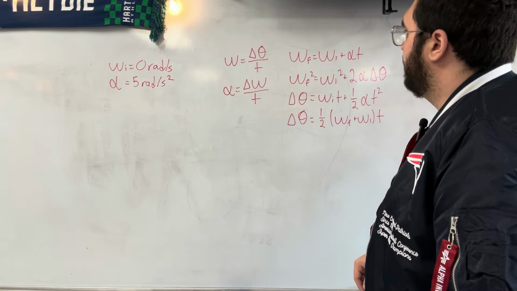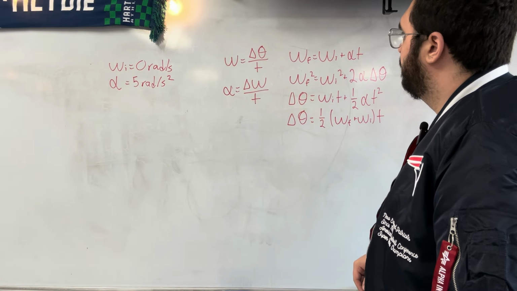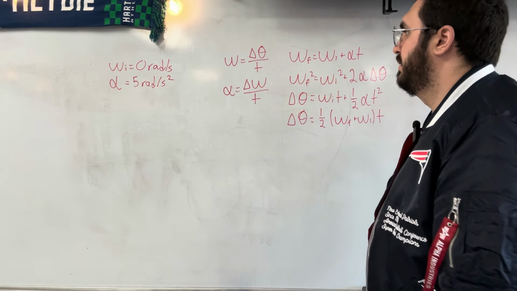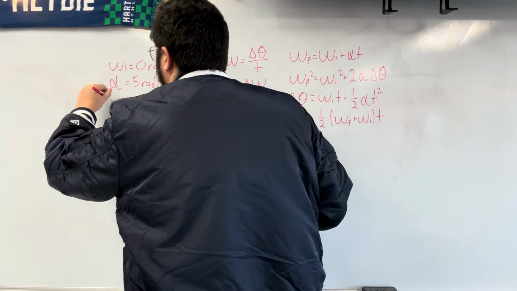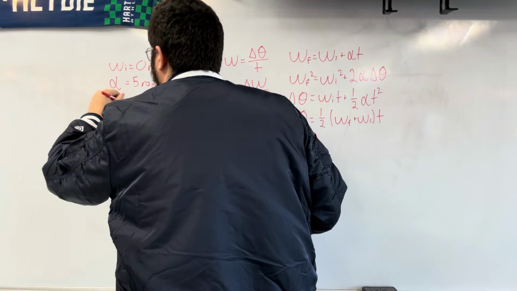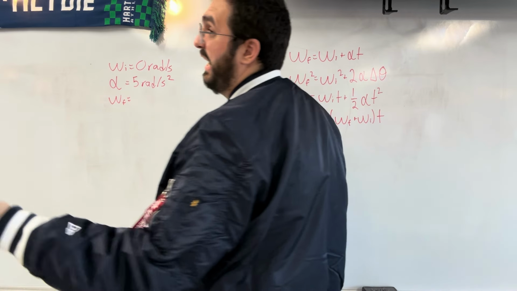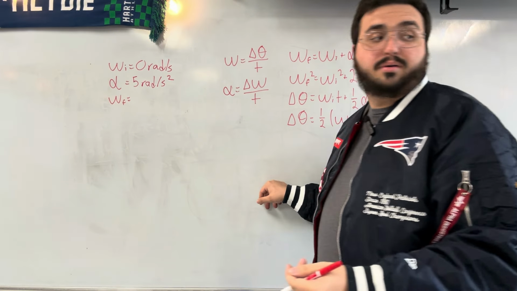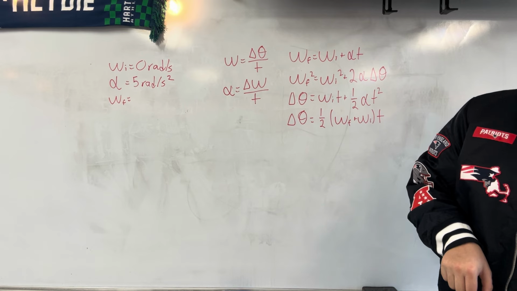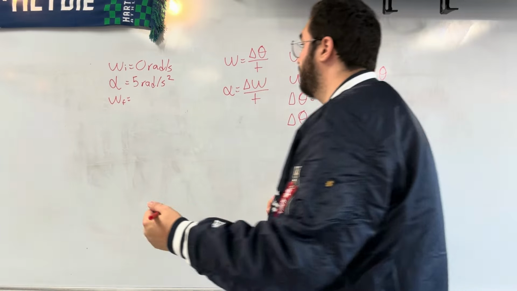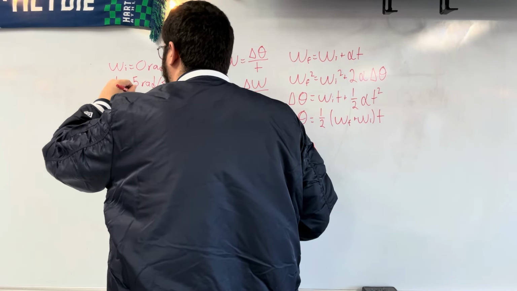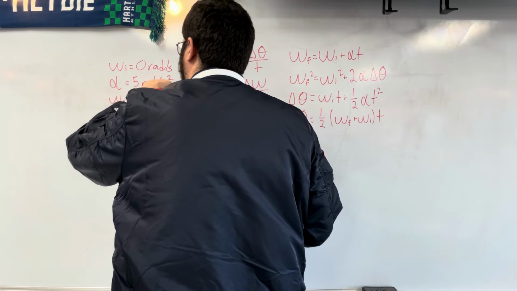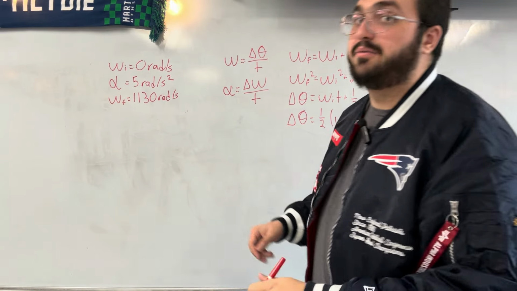Let's say I wanted to know how long would it take me to get to a final angular velocity. I'm just going to pull a random number here. 1,130 radians per second, sure. It's like 11:30 at the time of me recording this.